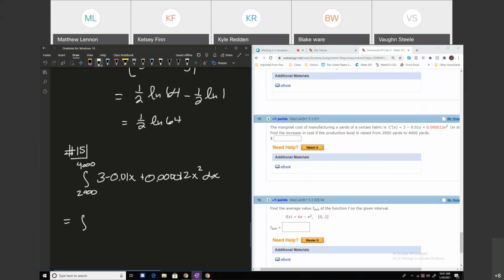Okay, so again, we can find the antiderivative directly. It's just a polynomial, so it's going to be 3x minus 0.01x squared over 2 plus 0.00012 x to the third over 3, from 2,000 to 4,000.